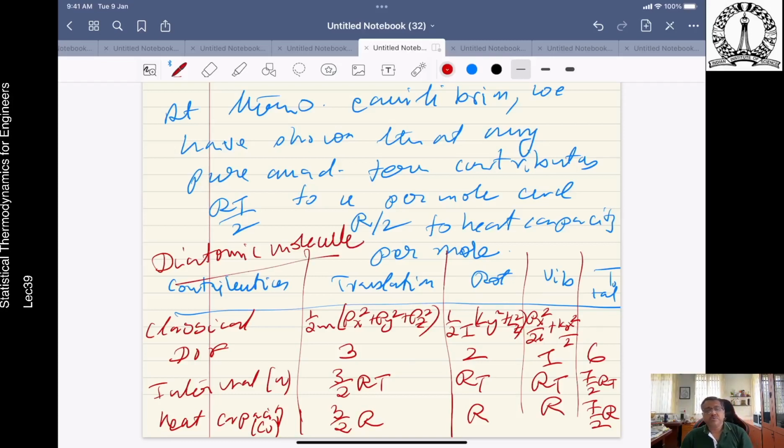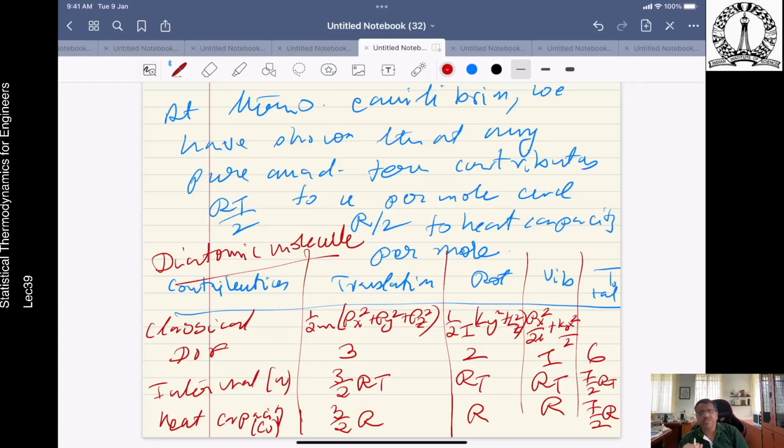Now, once you know all these things in detail, you can invoke the equipartition principle and determine the internal energy and heat capacity for a classical diatomic molecule, which is what we summarized just now. The translational mode is purely 3 pure quadratic momentum terms, one for each translational degree of freedom.